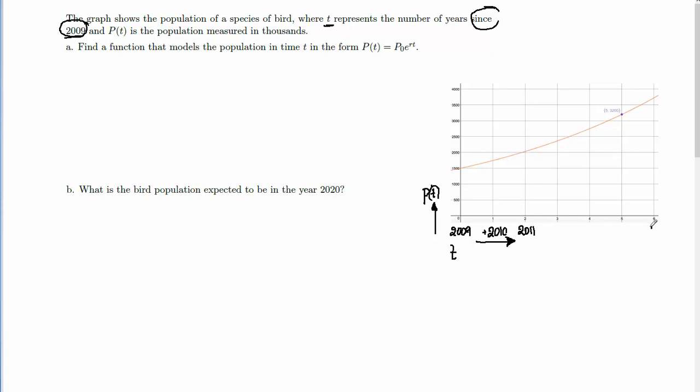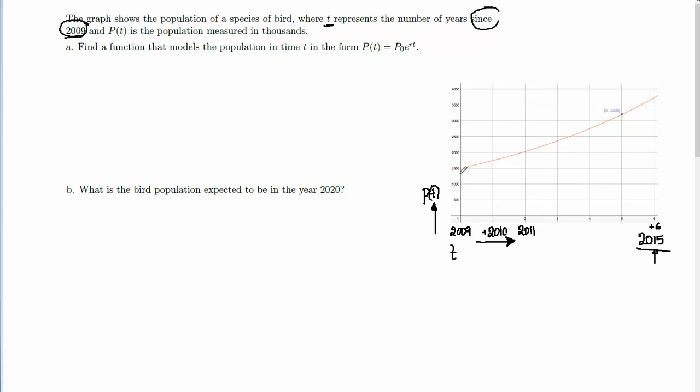Plus 6 right here is going to give us 2015. Okay, 2009 plus 6 will give us 2015. So each one of the points on the graph on the horizontal axis will give us a year that corresponds to a number for t.